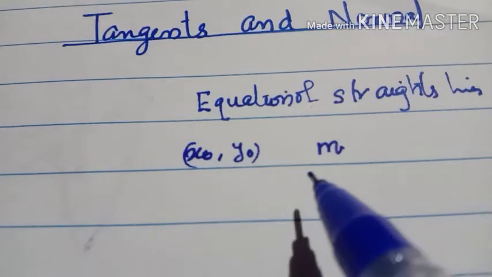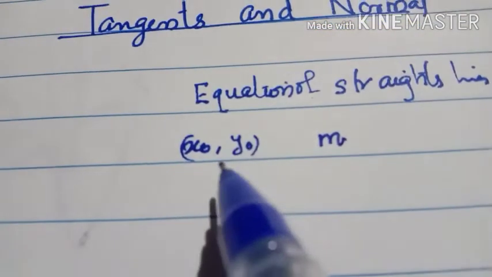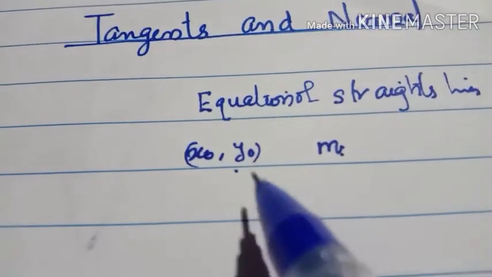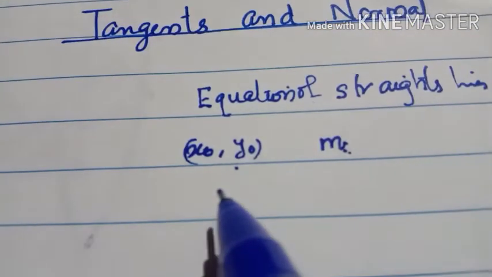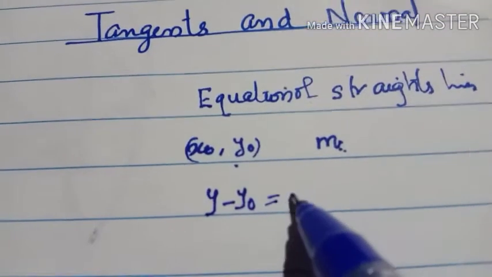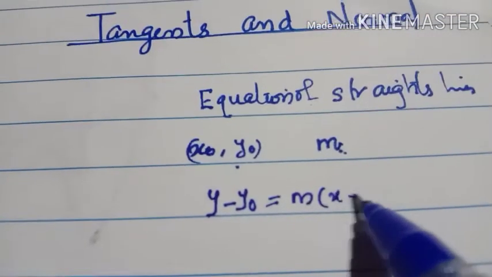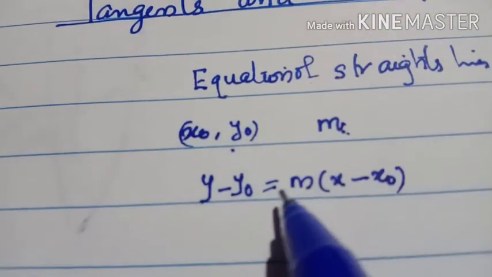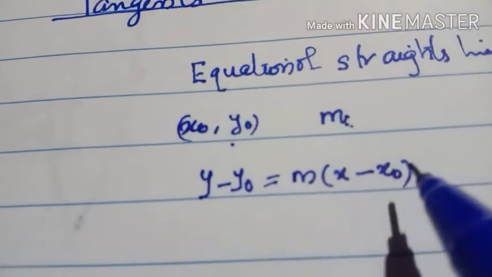Do you remember? That is the point slope form. What is it? Yes, y minus y0 equal to m into x minus x0.